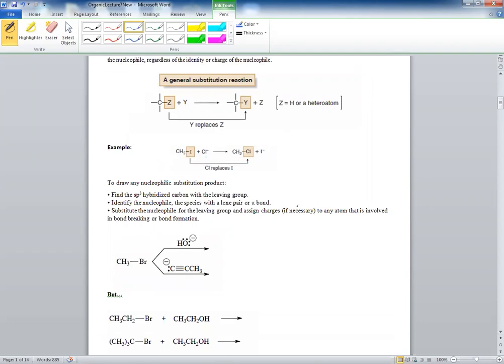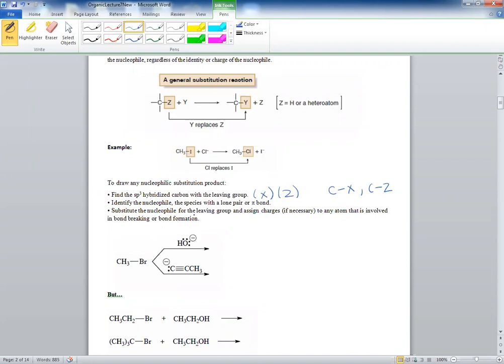As a general rule, and we're going to see this as we go through, you always find the sp3 hybridized carbon with the leaving group, in this case X, or Z, where Z is attached. So you look at this right here. Generally, we're going to use the C-X here.